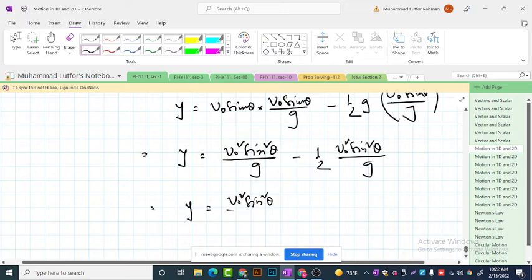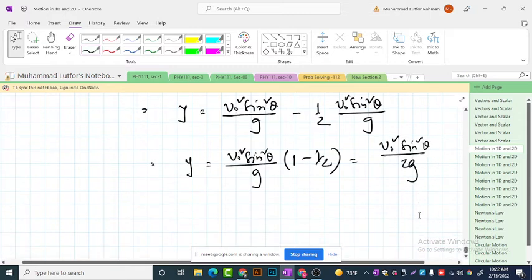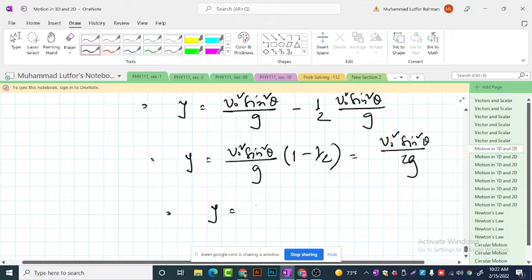I find half V naught square sin square theta divided by g, that is V naught square sin square theta divided by twice g. That is the maximum height equation you memorize. You probably write h max equals V naught square sin square theta divided by twice g. So, this is your maximum height equation.